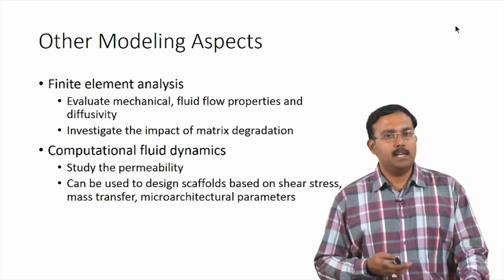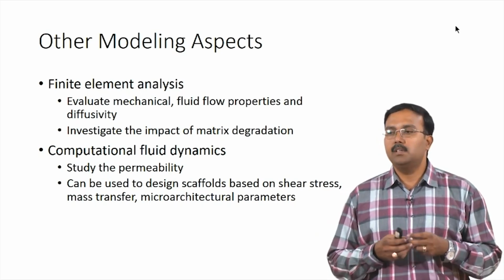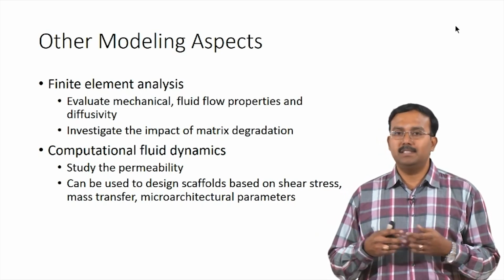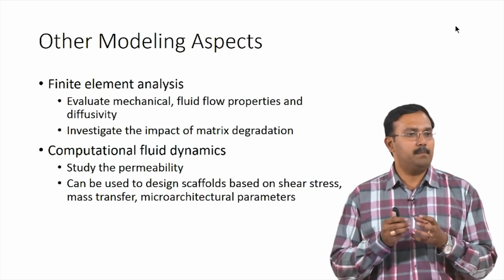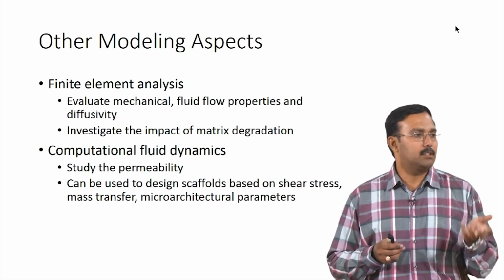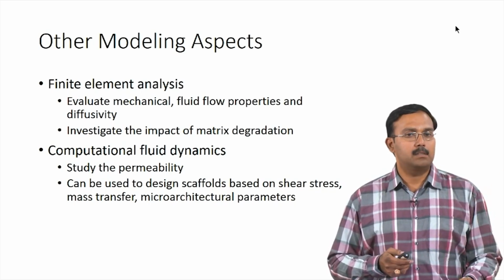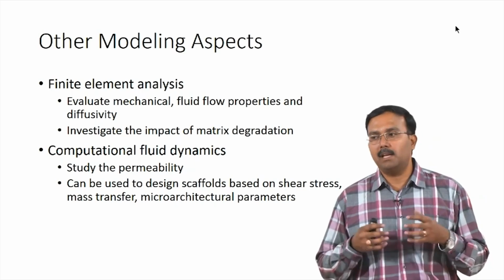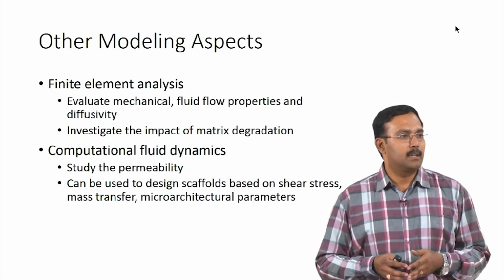Computational fluid dynamics can also be used to study the permeability, and it can also be used to design scaffolds based on the shear stress, mass transfer, and other microarchitectural parameters which would be there because of the fluid flow into the system. These are some of the modeling aspects which people have tried to incorporate as part of the 3D printing technology.